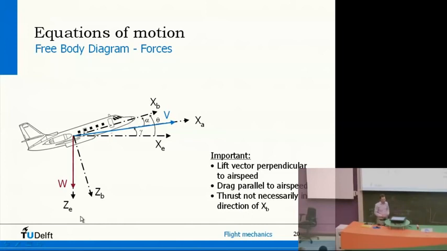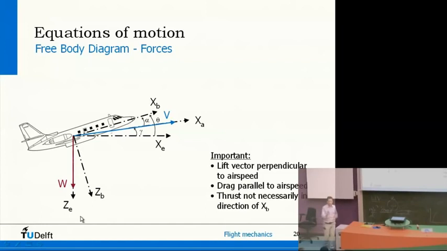But now let's have a look at the lift force. And lift is by definition always perpendicular to the airspeed vector. So that's something to pay attention to, because in most courses you just consider, say, horizontal flight, and then lift is pointing upwards.